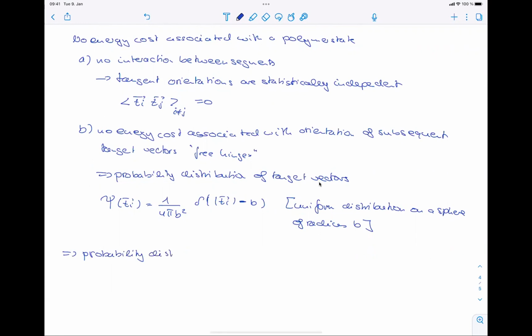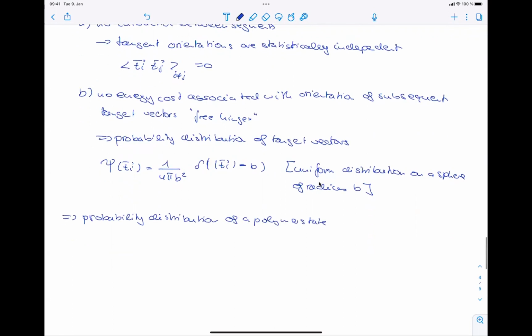So the probability distribution of a polymer state, psi of the whole set of tangents, is then just the product of all individual ones, which is then 1 over 4 pi b squared, product i to n, delta of the norm of t_i minus b.